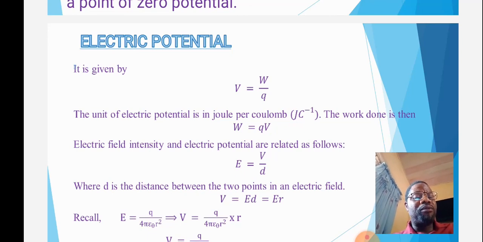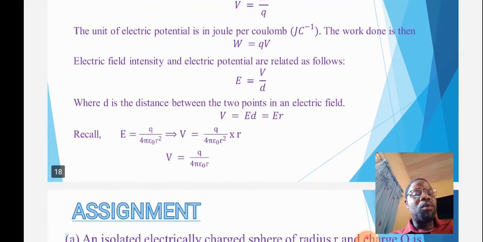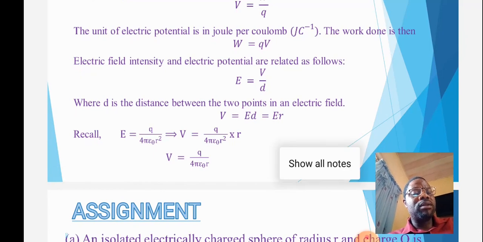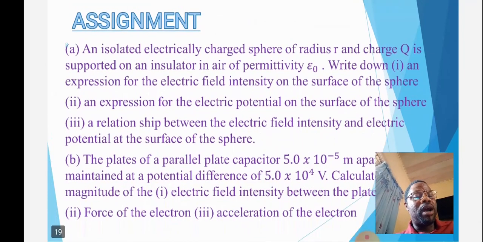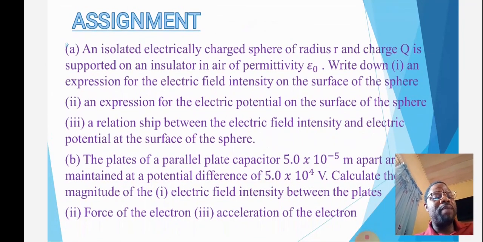Now you have your assignment. Question A. An isolated electrically charged sphere of radius R and charge Q is supported on an insulator in air of permittivity epsilon 0.